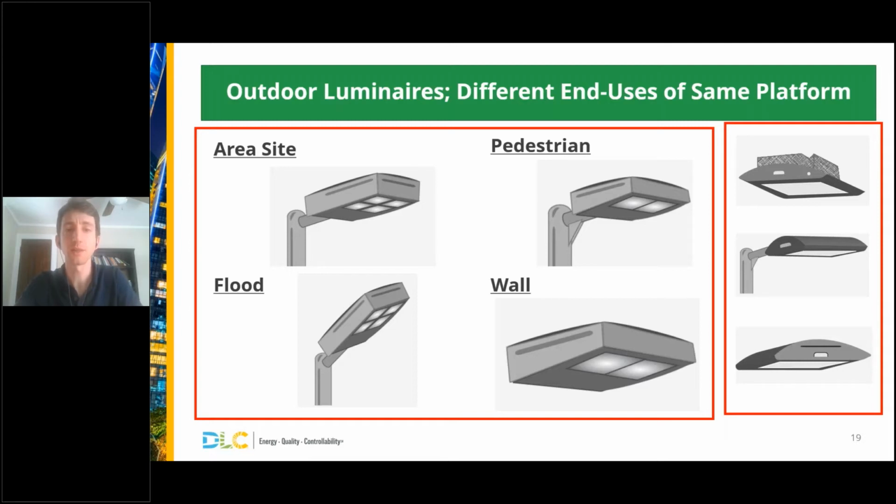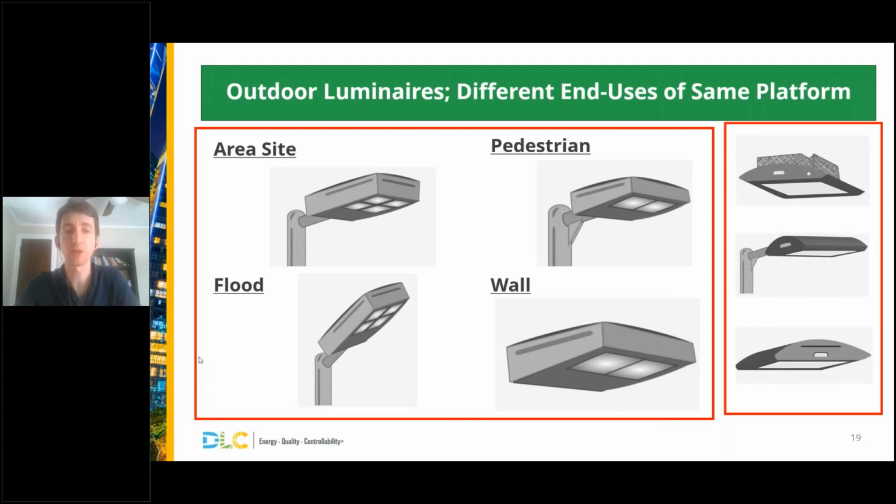So on this slide, generally in these future slides with the different product types, there are going to be groupings of products that are boxed in red, and those groupings can be submitted in the same family. So here on the left, you can see that there are different end uses for these products.